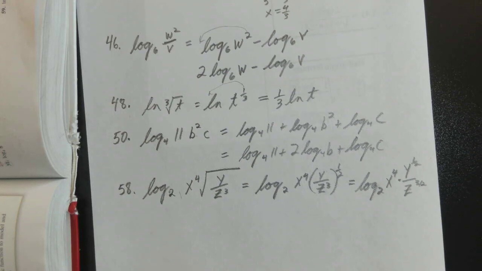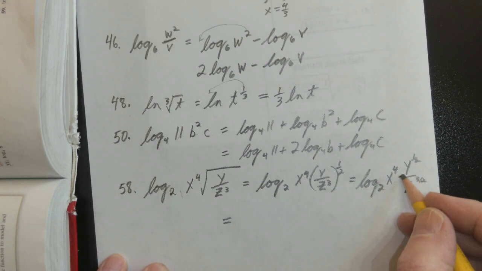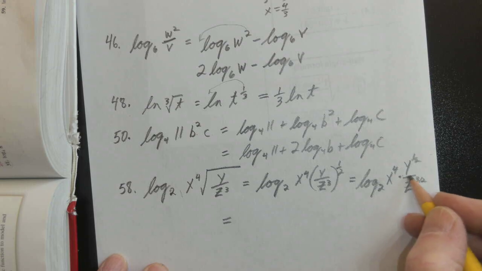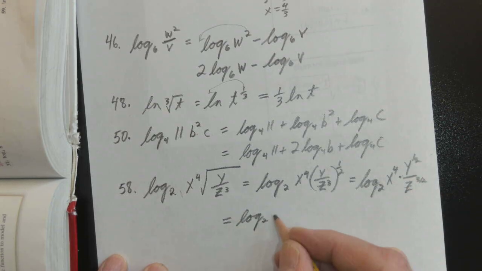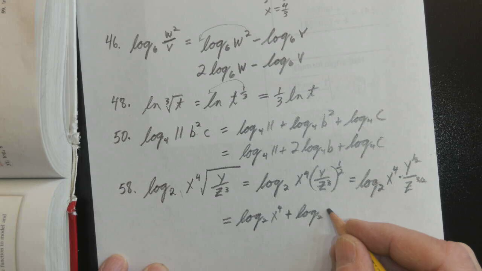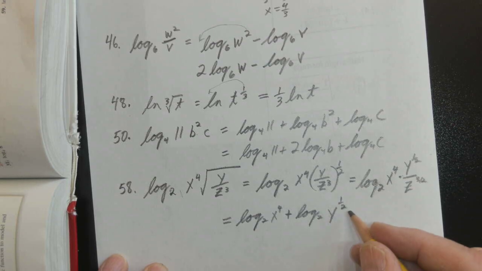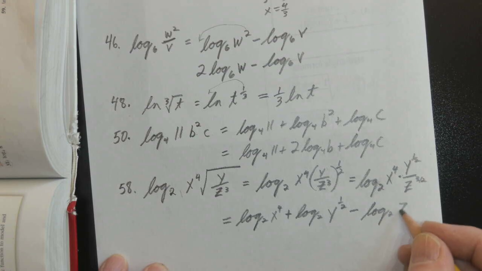All right, are you seeing this? That's times, and that's division. So I'm going to go log base 2 of x to the 4th plus log base 2 of y to the half minus log base 2 of z to the 3/2.